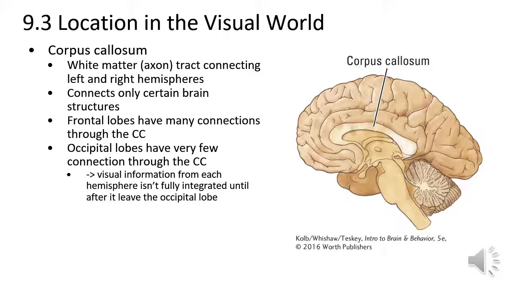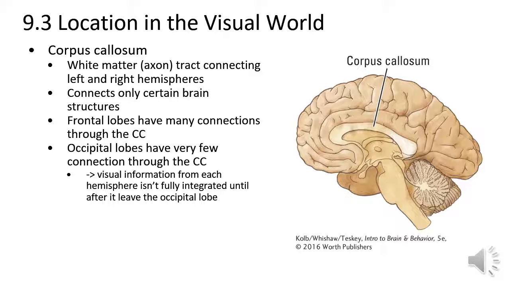So the corpus callosum, just an observation of the corpus callosum, if you remember, this is this white matter tract, this kind of C-shaped structure in the middle of the brain that connects the left and right hemispheres, but notice that it doesn't connect the visual cortices. It only connects certain brain structures.